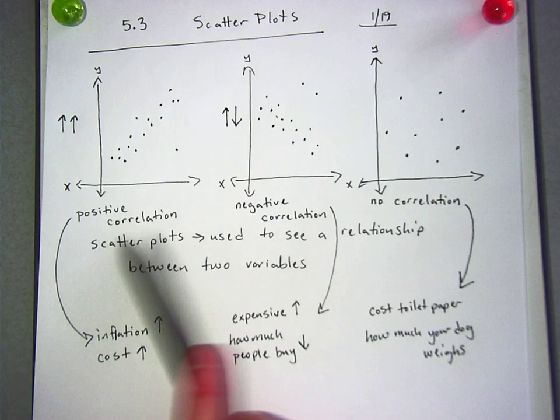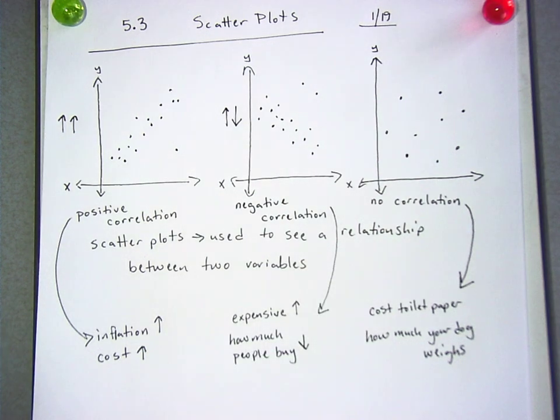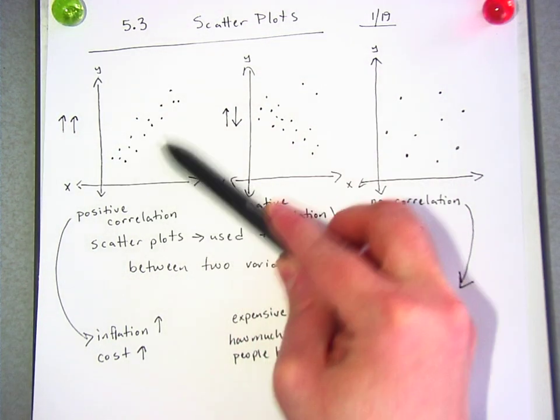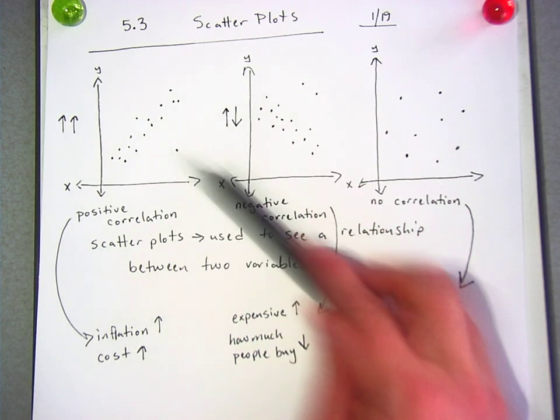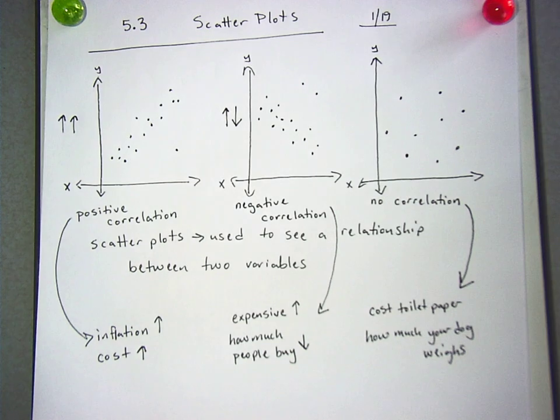By the way, there's a difference between correlation and causation. Correlation implies that two things are related. Causation means one caused the other to happen. For example, I bet you the more rain boots that people wear, the more umbrellas they have with them.